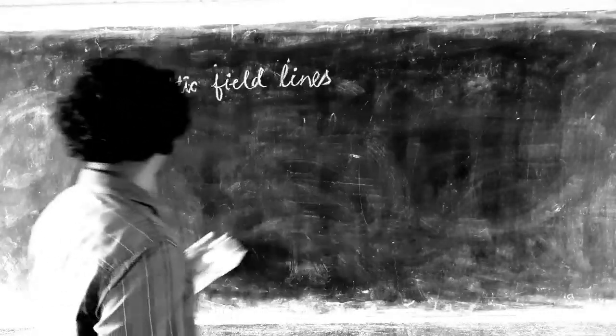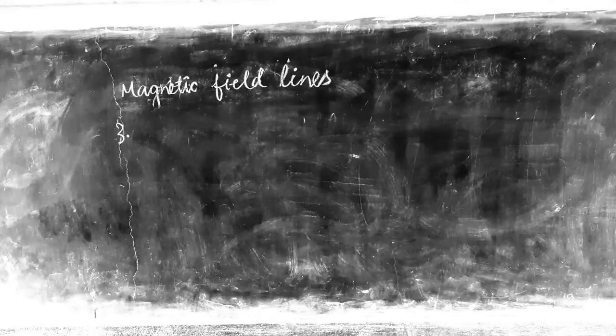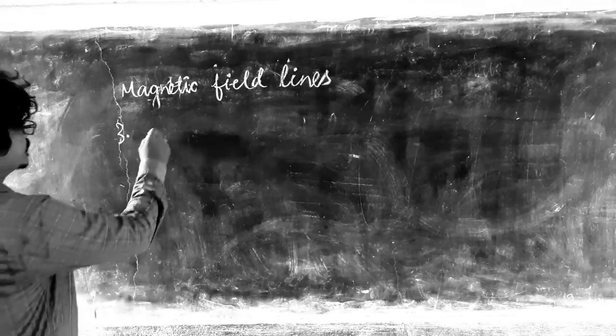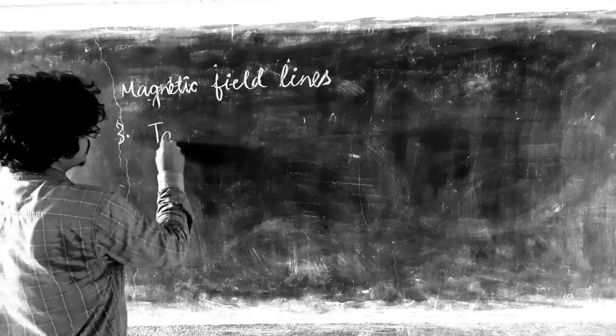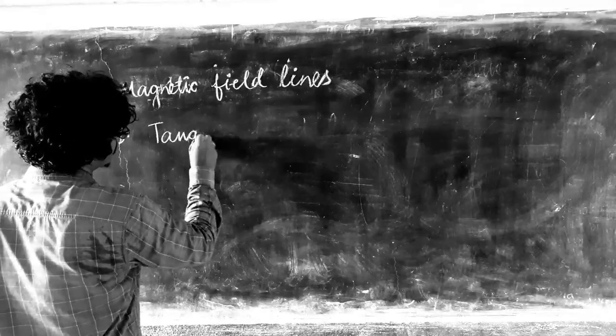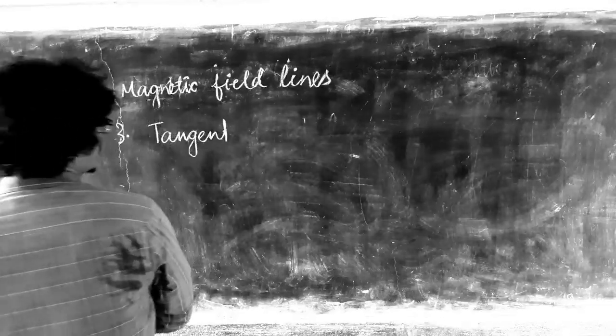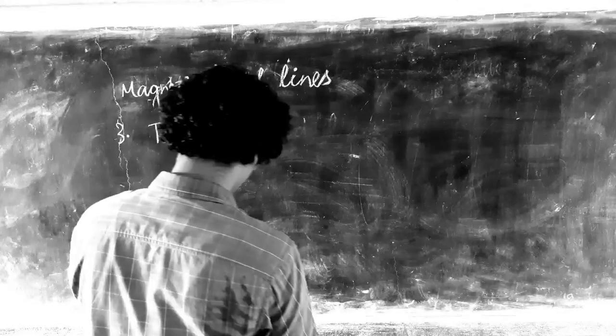Now, how do we know the direction of the magnetic field? If we draw a tangent on the magnetic field line, then we will get the direction of the magnetic field.